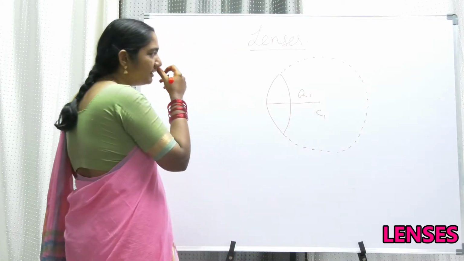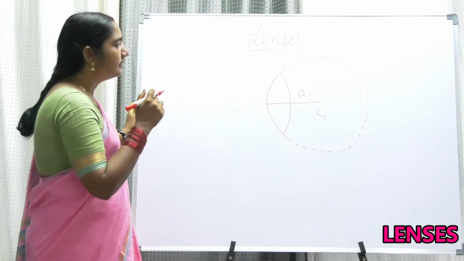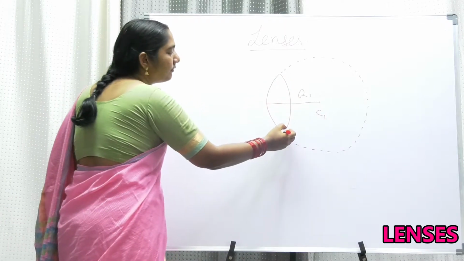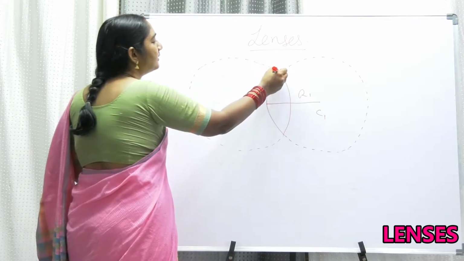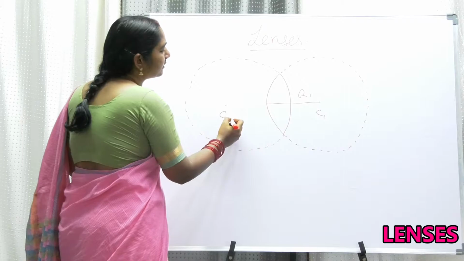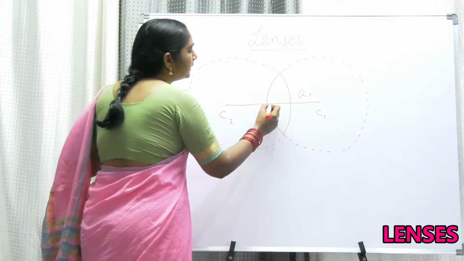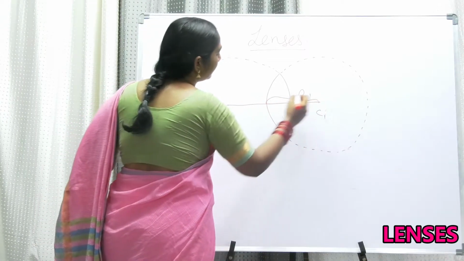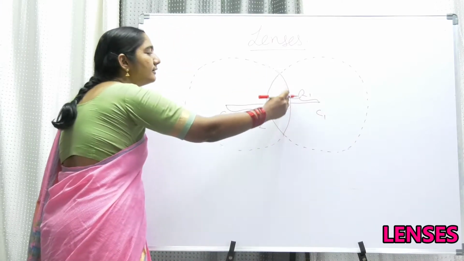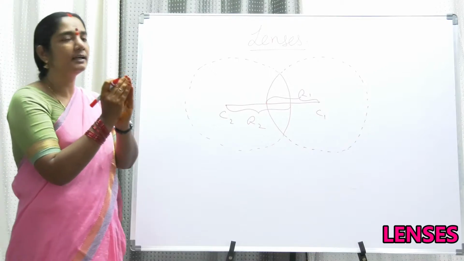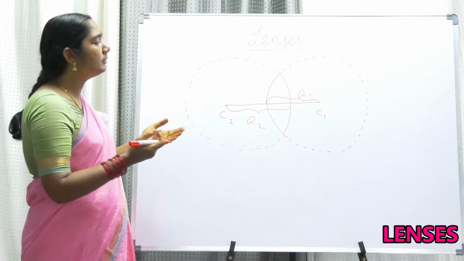Similarly, for this other refracting surface, if you complete the sphere, that sphere has a center of curvature, and this is the radius R2. Sometimes if it is symmetrical, both are equal; there is no need that they must be symmetrical. Then the values will be different.